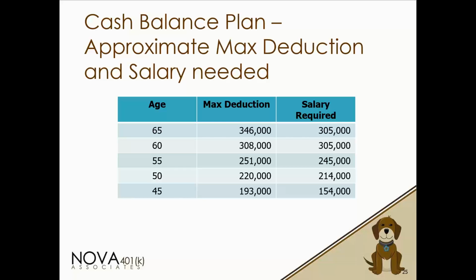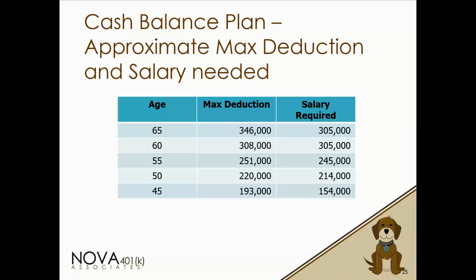And here's just kind of back of the envelope numbers as far as the deductions that you can get in a cash balance plan and what salary you need, because the other thing that can bring that maximum benefit down is the salary. So that $245,000 is a maximum benefit, but it can't be more than 100% of pay.